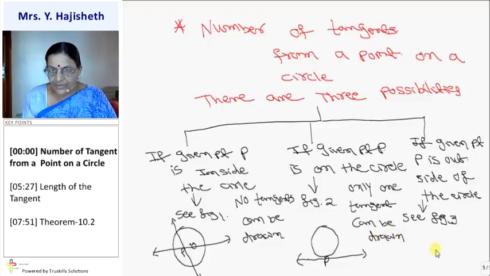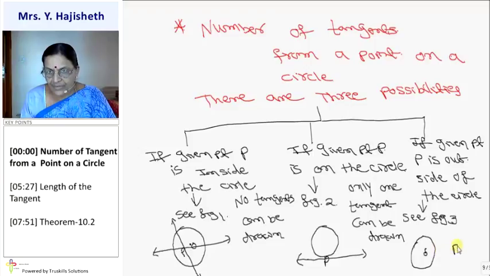And figure 3, if I draw a circle with center O, suppose this is a circle, and if I take P somewhere here, outside of the circle, then how many tangents can you draw? Suppose this is your point P. How many tangents can you draw? PM and PN. I can extend it.